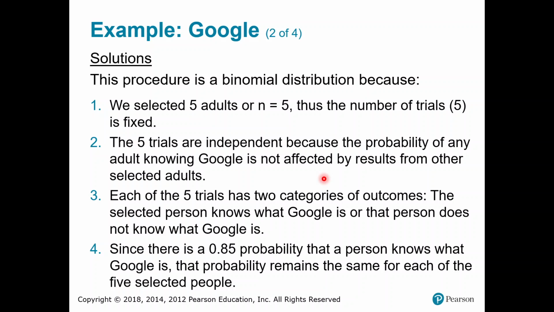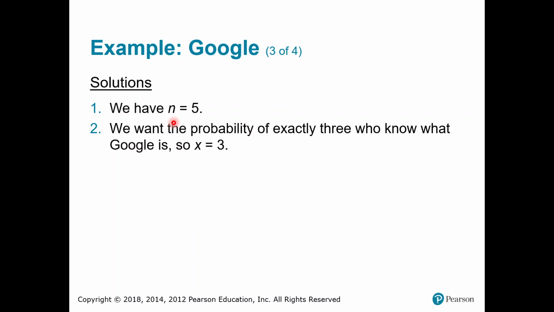Now let's talk about some notations. Okay, so now n is 5 because we selected 5 people. X is 3 because we want to know exactly 3 people out of those 5 know what Google is.